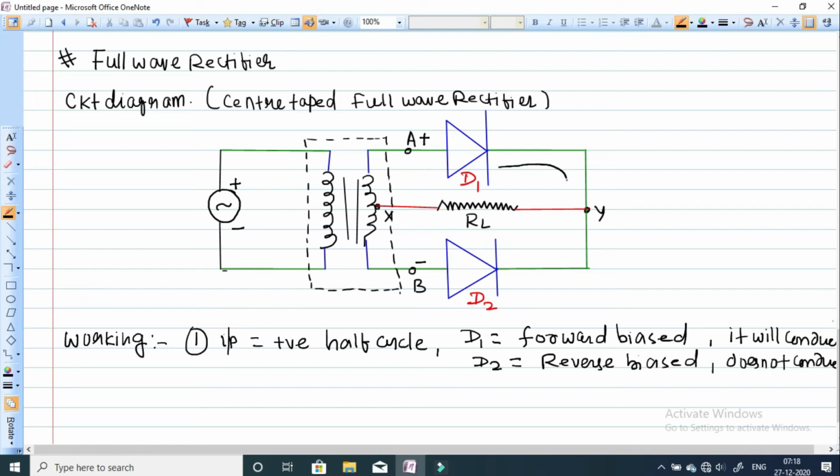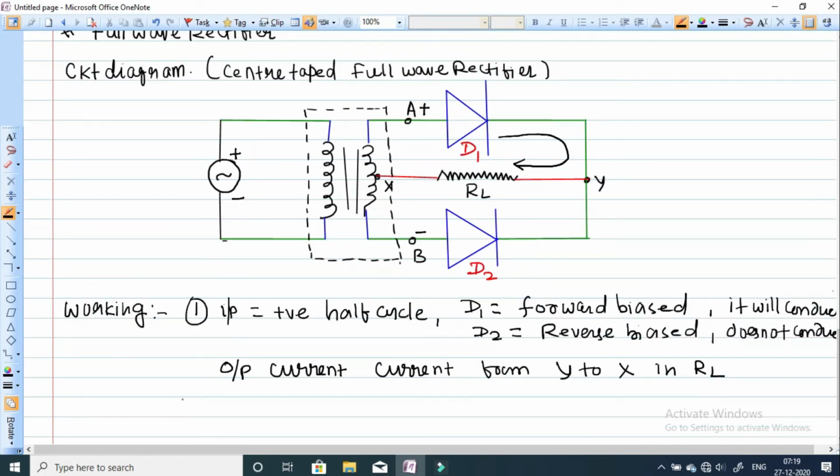The output current you are getting in the load resistor, because D1 is conducting, you will get from Y to X in load resistance RL. This is the working of the diode when we are applying the positive half cycle.